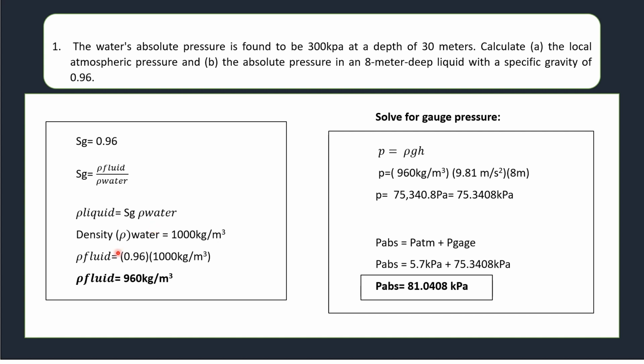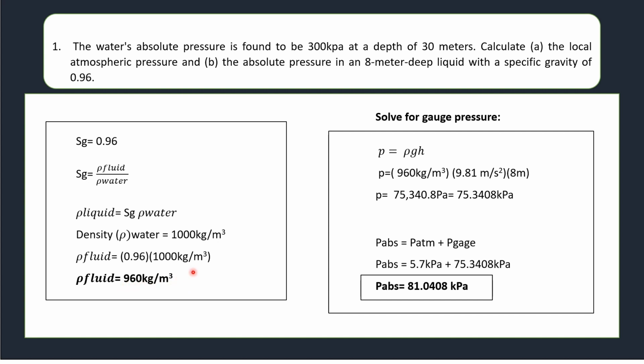Note that the density of water is equal to a constant 1000 kg per cubic meter, and the specific gravity is given as 0.96. So the density of the fluid is equal to 0.96 times 1000 kg per cubic meter, so the density of the fluid is 960 kg per cubic meter. Now we have the value of the density of the fluid.